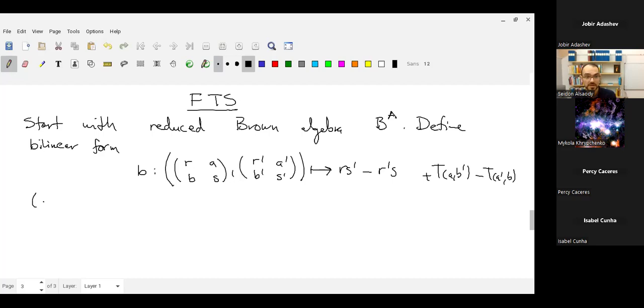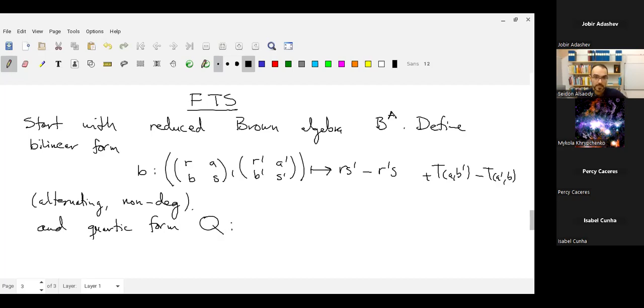So this is alternating, non-degenerate. And then you define a quartic form Q from A to R.